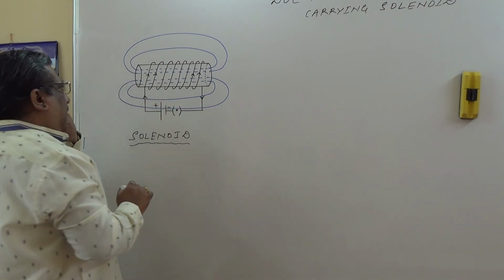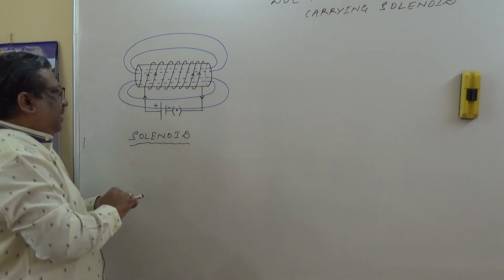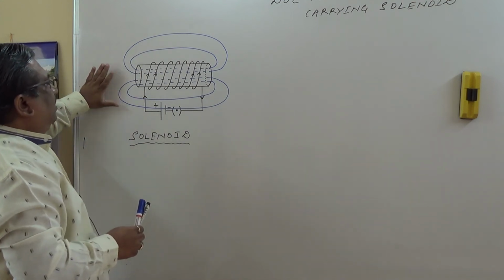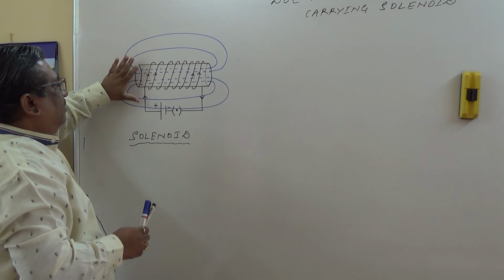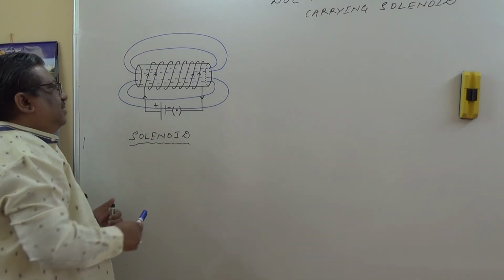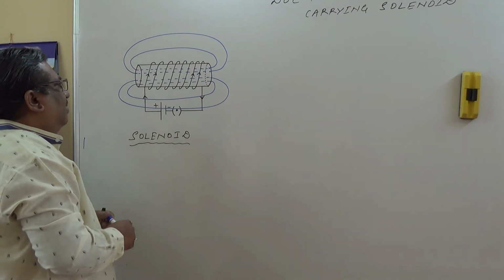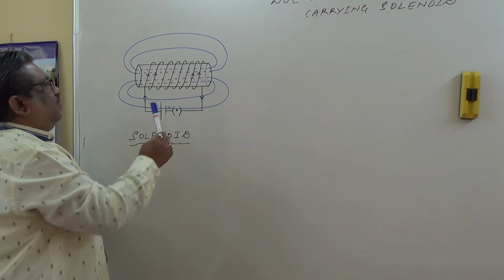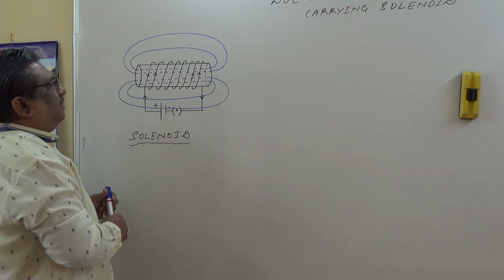Now, here the question arises. Anyway, before the question, a current carrying solenoid behaves like a bar magnet, and the magnetic field line patterns are almost similar to the bar magnet. And how to identify now the direction of the magnetic field lines?